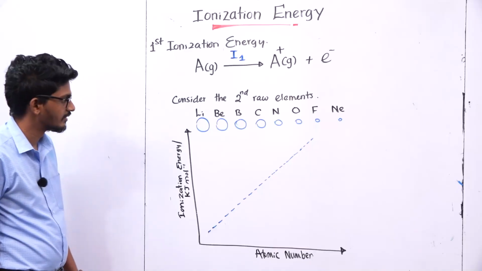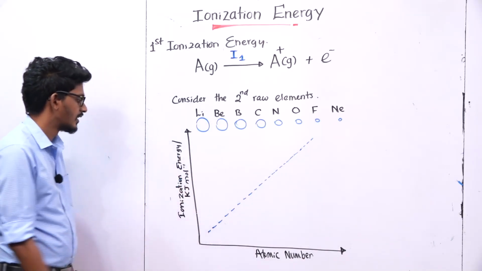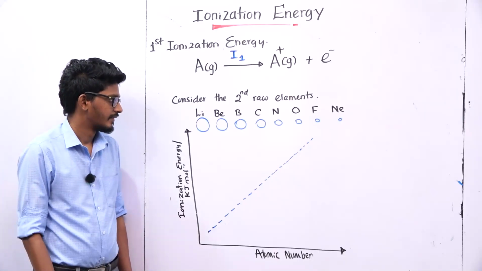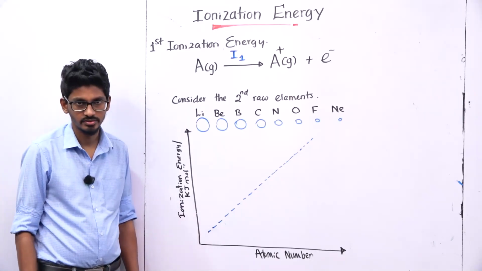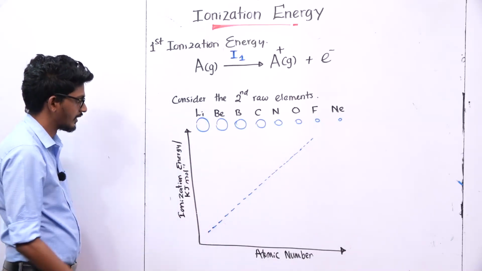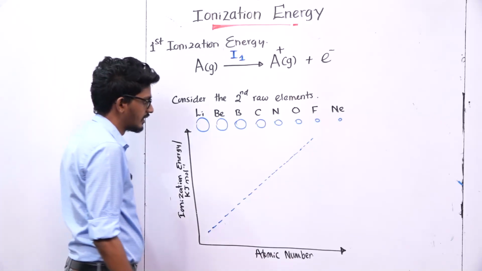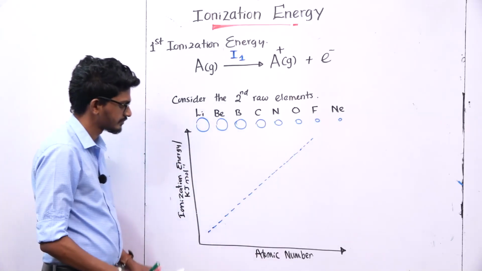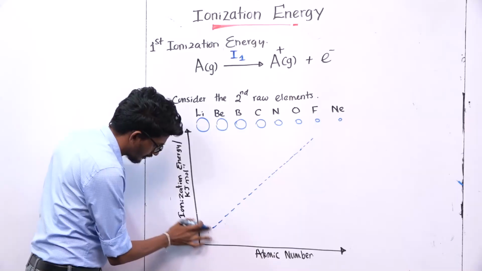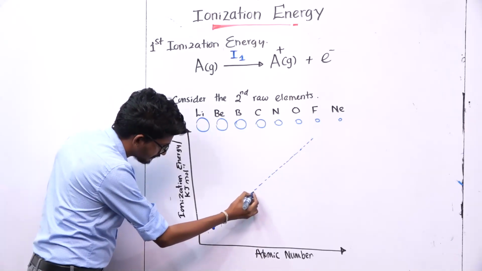So according to atomic radius, we expect an increase of the ionization energy, the minimum energy needed to eject an electron. This is what to expect according to atomic radius. But another thing matters.